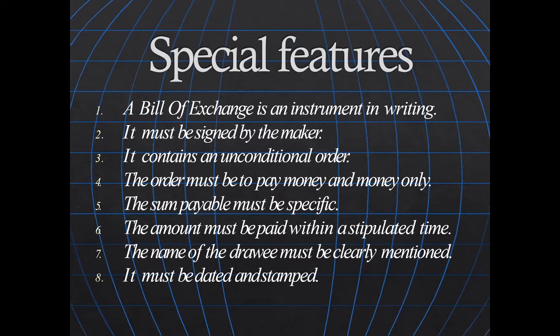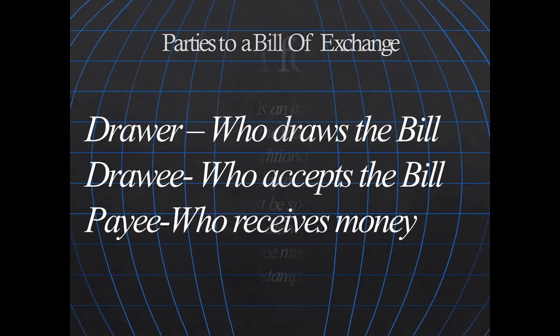And the drawee must be clearly mentioned, the name of the drawee, to whom he is paying. To whom he is paying has to be clearly mentioned in that bill. And it must be dated and stamped. So the date is compulsory to define the term, and another one is grace days, and the stamp for legal authority or legal sanctity. So these are the features.